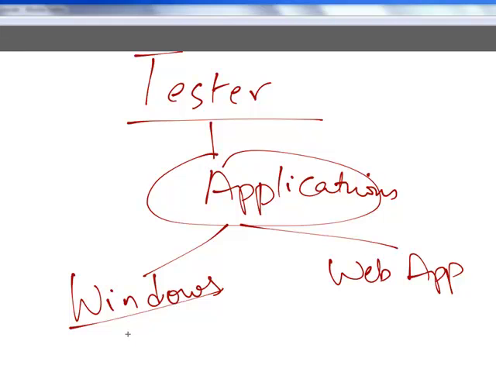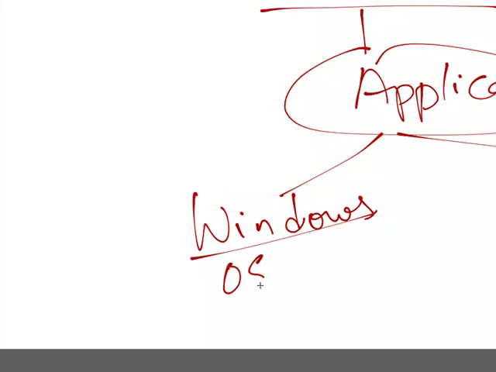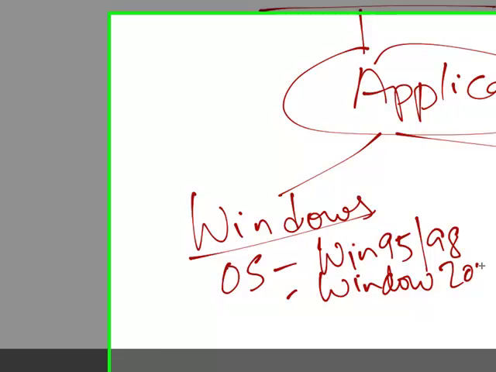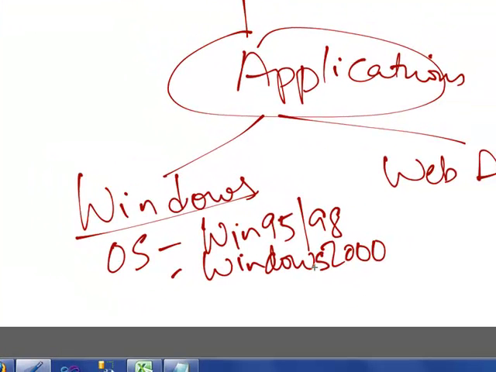Now, Windows applications run mostly on the Windows operating system. So let's talk a little bit about the operating systems. If you go back in time, there was Windows 95 or 98 as the operating system. Then we had Windows 2000.